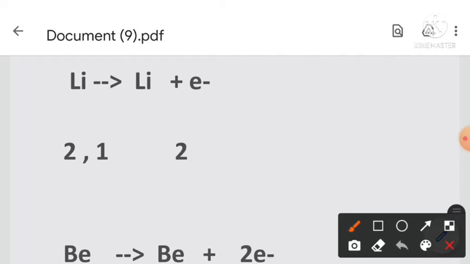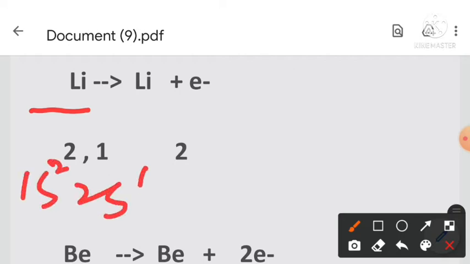We know that the lithium atom has the configuration 1s2 2s1.